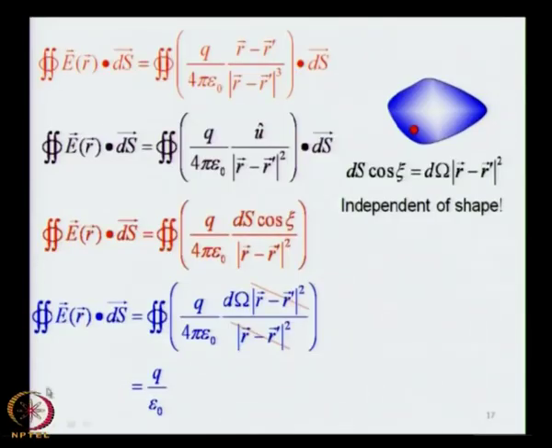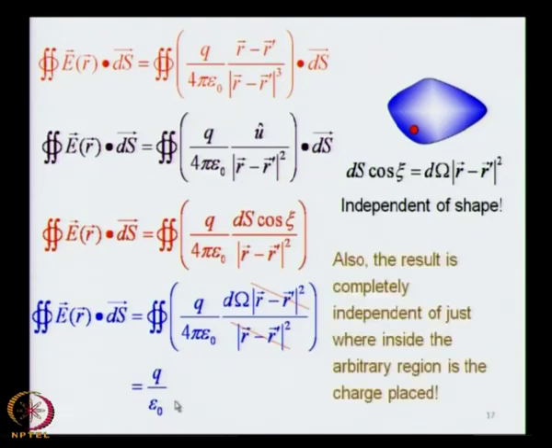By playing with this geometry, we get this surface integral of E dot ds over a closed surface to be exactly equal to q over epsilon 0, and this is a result which is completely independent of where inside the surface you have located the charge, because this charge could have been anywhere inside the closed surface.